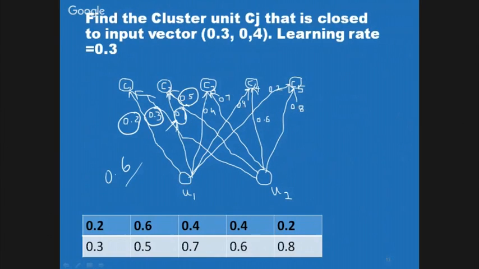Then U1 and C3 is 0.4, U2 and C3 is 0.7.